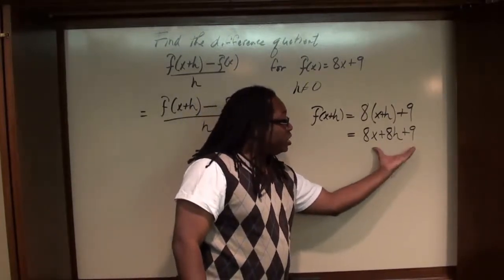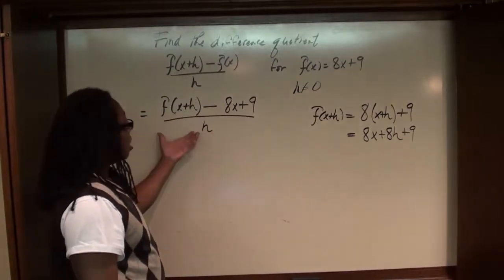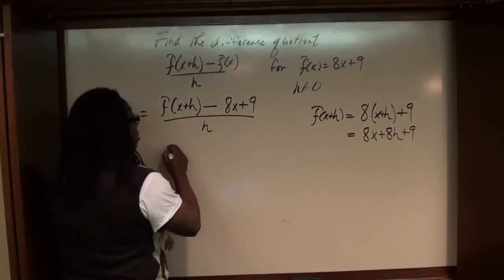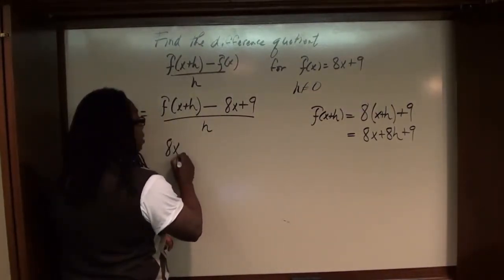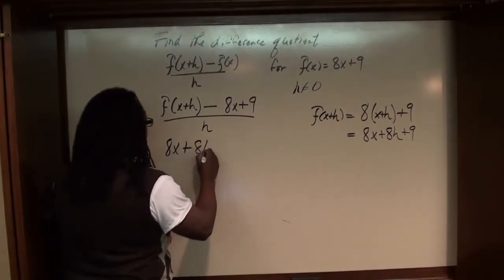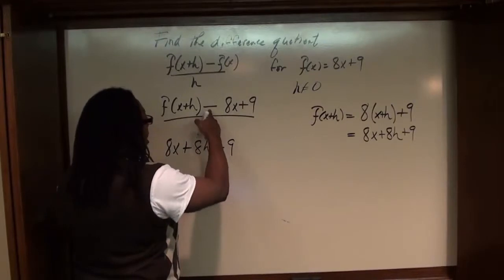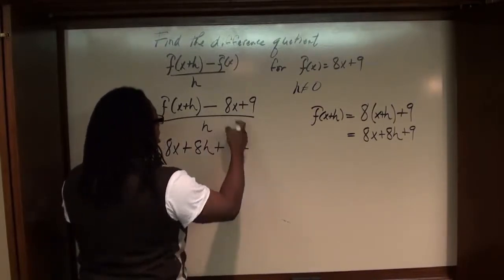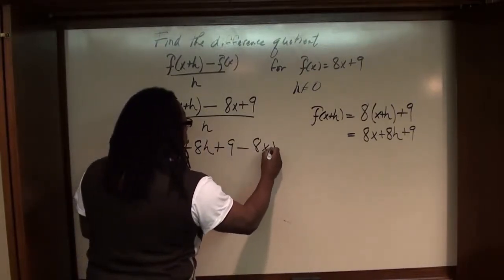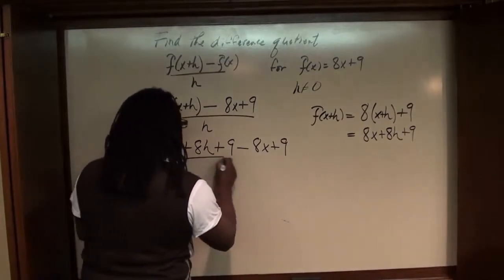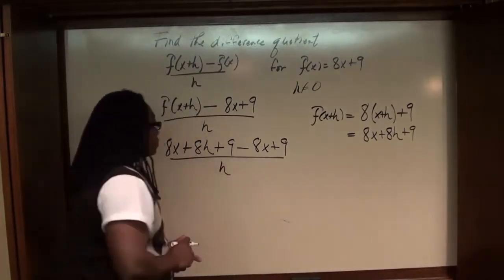Now we can substitute this back into our equation. So this becomes 8x plus 8h plus 9 minus 8x plus 9, all over h.